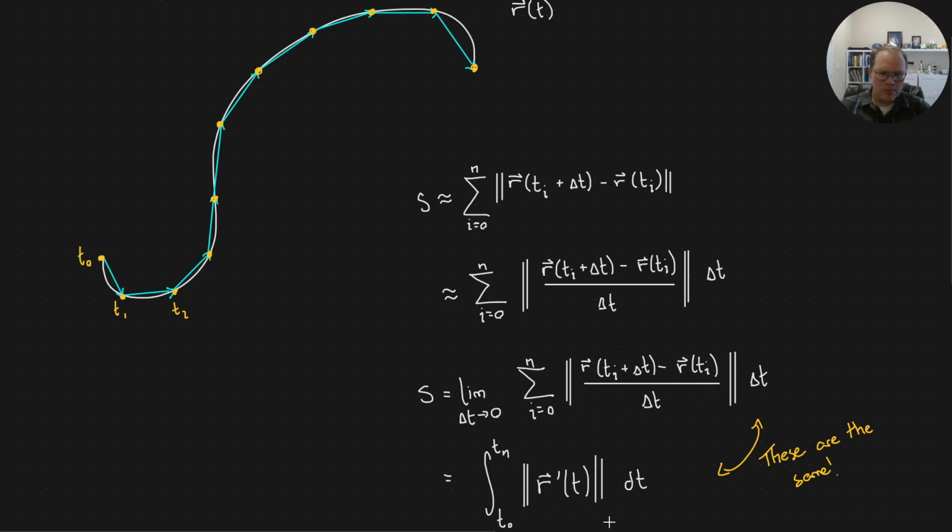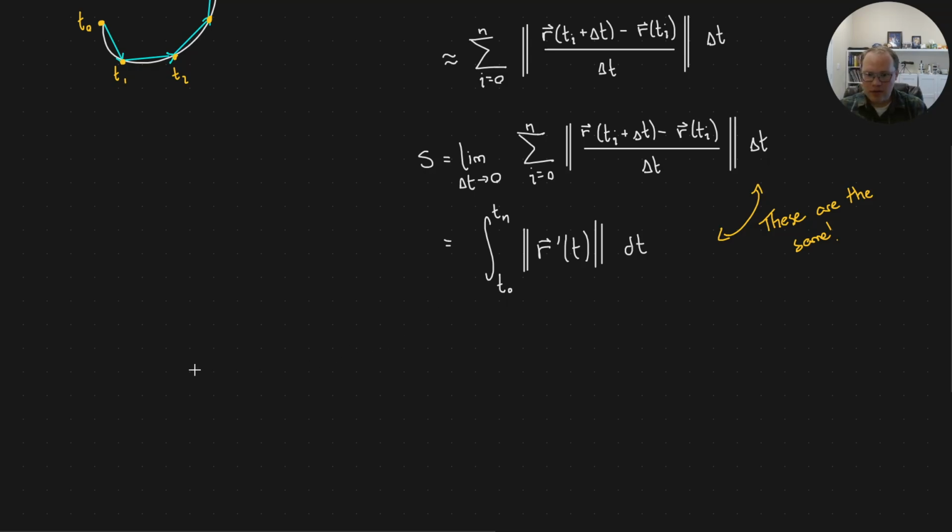But more importantly, when we have a summation, the number of items goes to infinity, and then we have something multiplied by delta t, and the delta t is going to 0, that means integration. The delta t becomes dt, the summation becomes an integral, and whatever is inside here, that's the integrand.